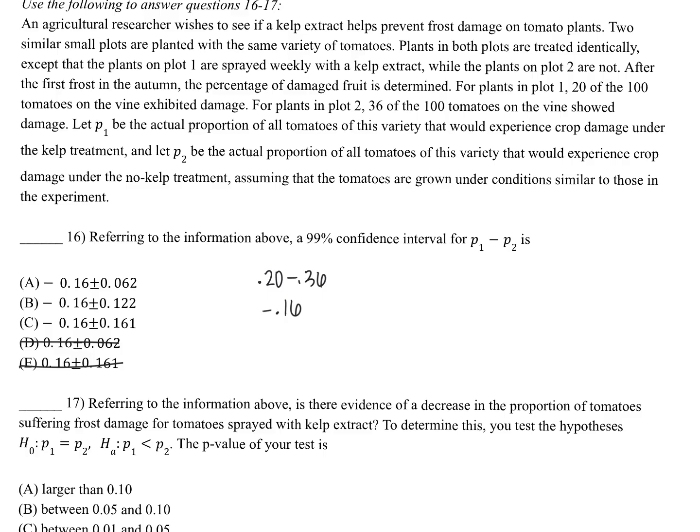So that means I can get rid of D and E. Now I need to find my critical value and do my standard deviation. So for a 99% confidence interval, the critical value is 2.58. And then we do the square root of 0.20 times 1 minus 0.20 over 100, plus 0.36 times 1 minus 0.36 over 100.